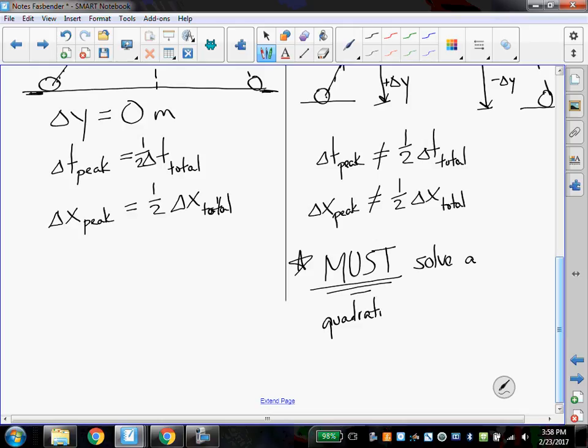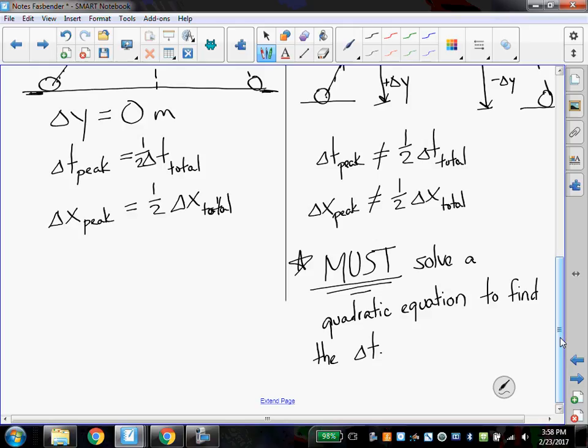Oh yes, quadratic equations. You remember that from math class. You thought they were totally useless and that you'd never need to use them in the real world? This is where we need to use it. You must solve a quadratic equation to find the time in the air. There's no getting around it, okay?